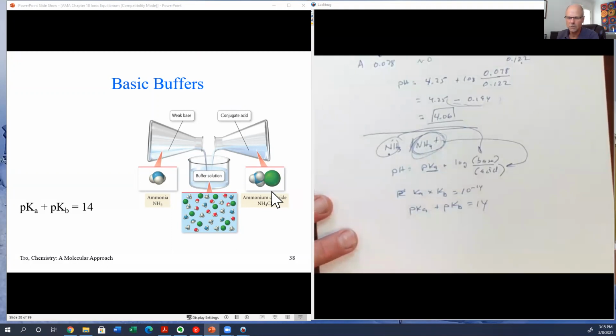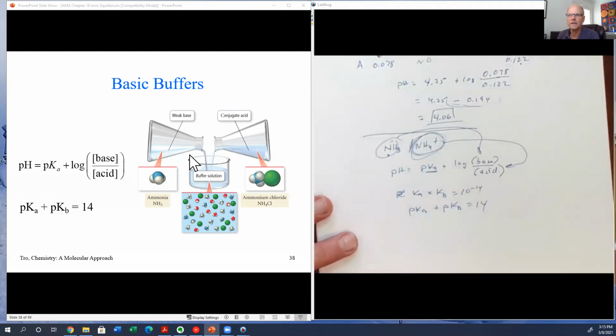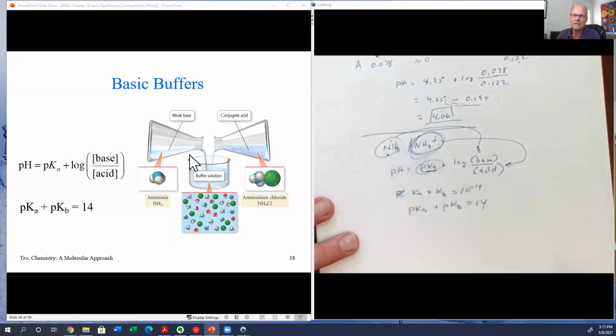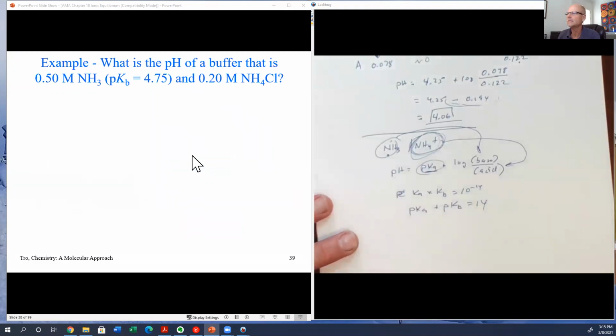So if you know one, you know the other. That's the only thing. Just make sure you always use pKa for whatever the acid component of the buffer is. If you're given the Kb for the base, then figure out pKb. If you're given pKa for the acid, then just use this equation and get pKb.